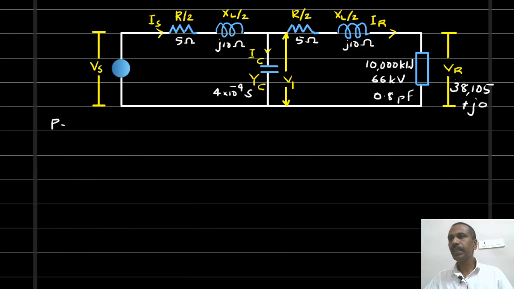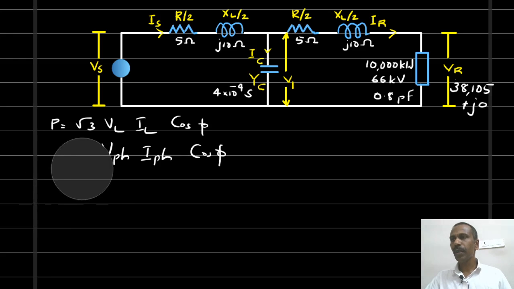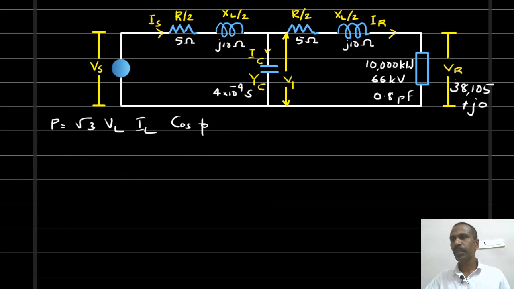As you know, P is equal to root 3 VL IL cos phi. These are the line parameters, line voltage and line current. If you use the phase quantities, then the power equation becomes 3 times V phase I phase cos phi. We use the line parameter formula. So it is root 3 VL IL cos phi.